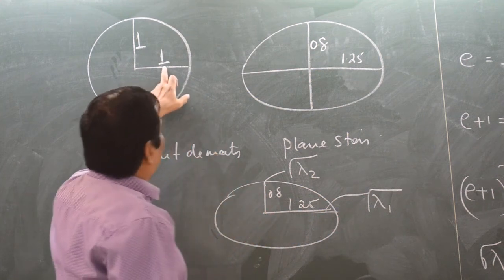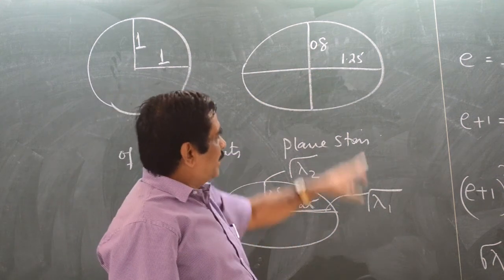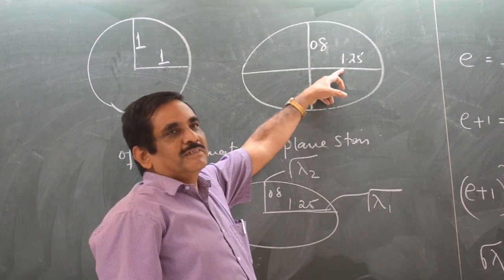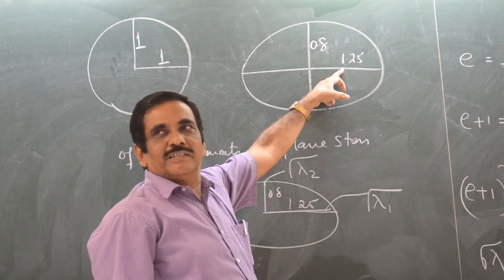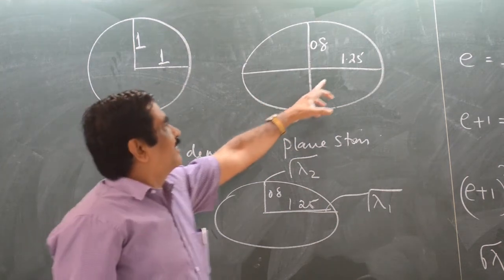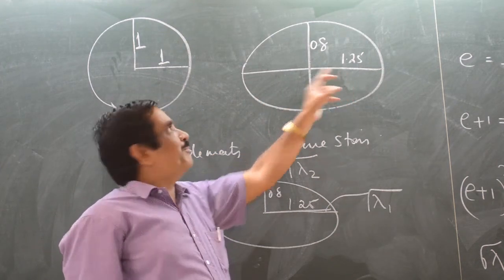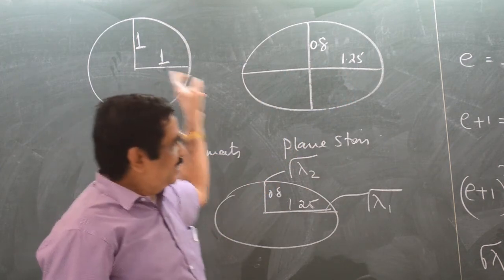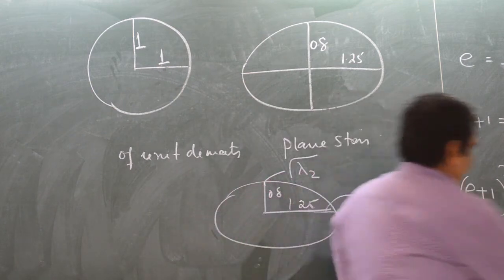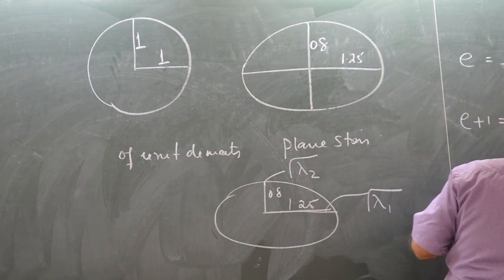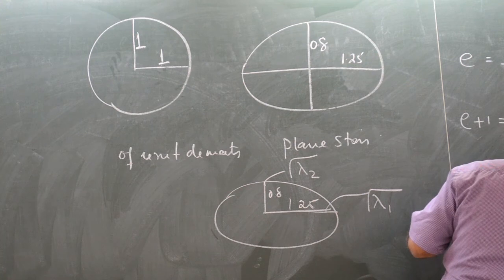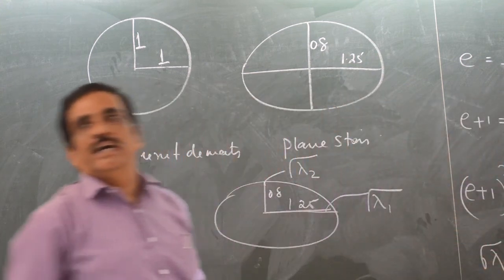If it is 1.25, what is the root lambda 1 value? 1.25, na. The final length upon the initial length is root lambda 1. Root lambda 1 is equal to LF upon L0. Keep these factors in mind.